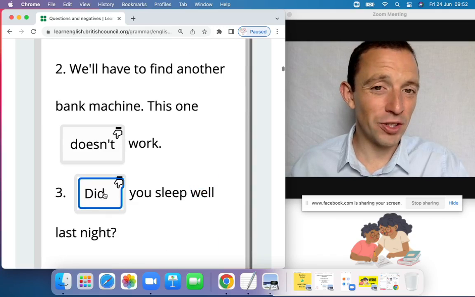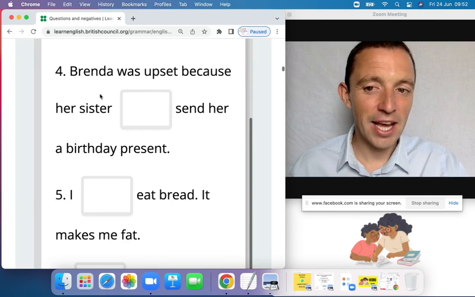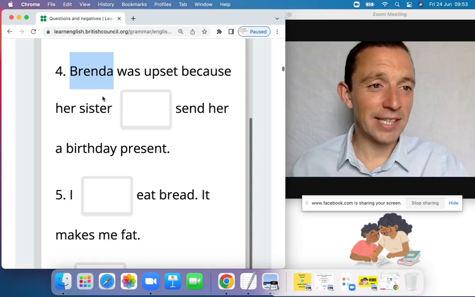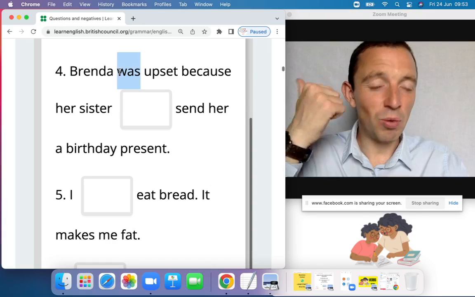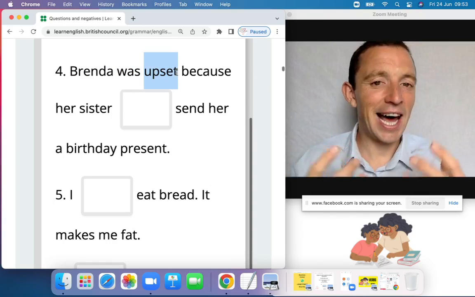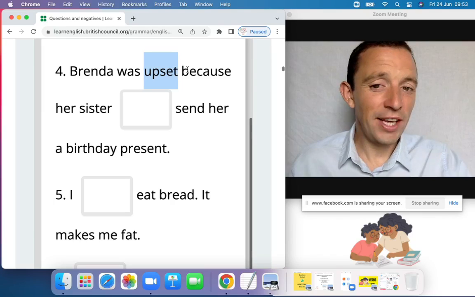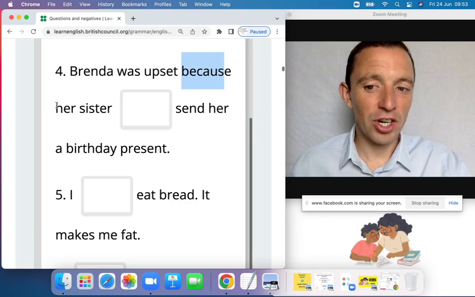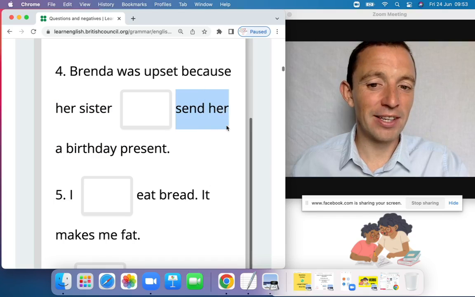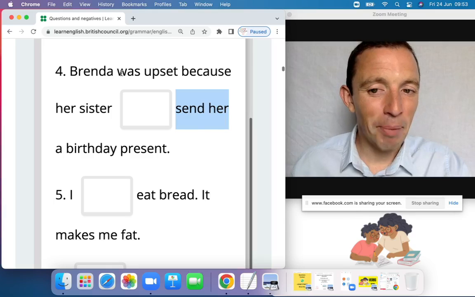That sounds very good. Next, Brenda is the girl's name. In the past, she was upset, sad, angry, disappointed. Brenda was upset. Why? Because her sister sent her a birthday card, birthday present. So the verb is to send, and it's the past.